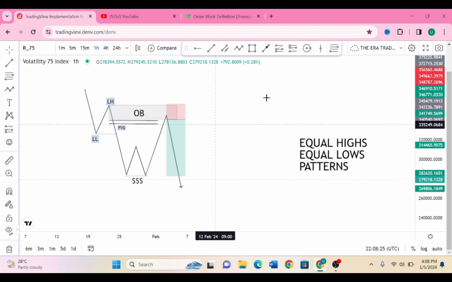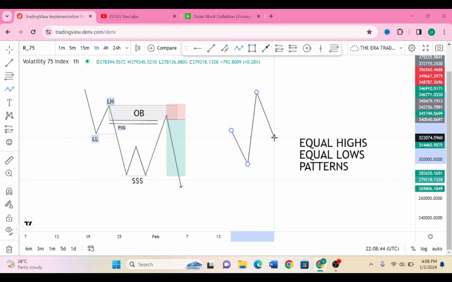The bearish order block is the last buy candle before the push down, before the market came down. The bullish order block is the last candle before the market went up for a bullish move.